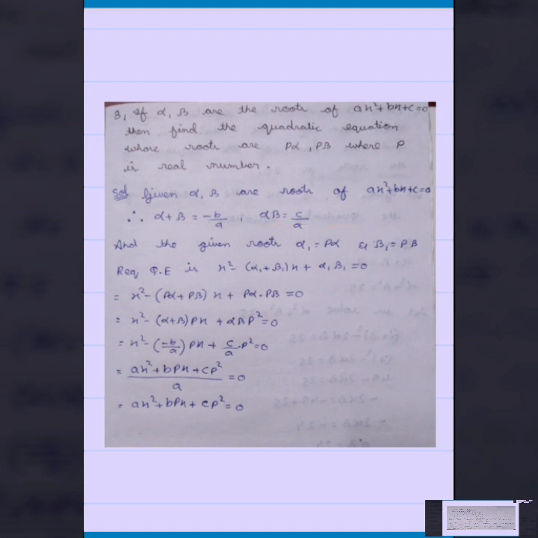So substitute those values, we get x square minus into minus b by a px plus c by a p square equal to 0. So taking LCM a, then we get ax square plus bpx plus cp square by a equal to 0. So cross multiplication, we get ax square plus bpx plus cp square equal to 0.